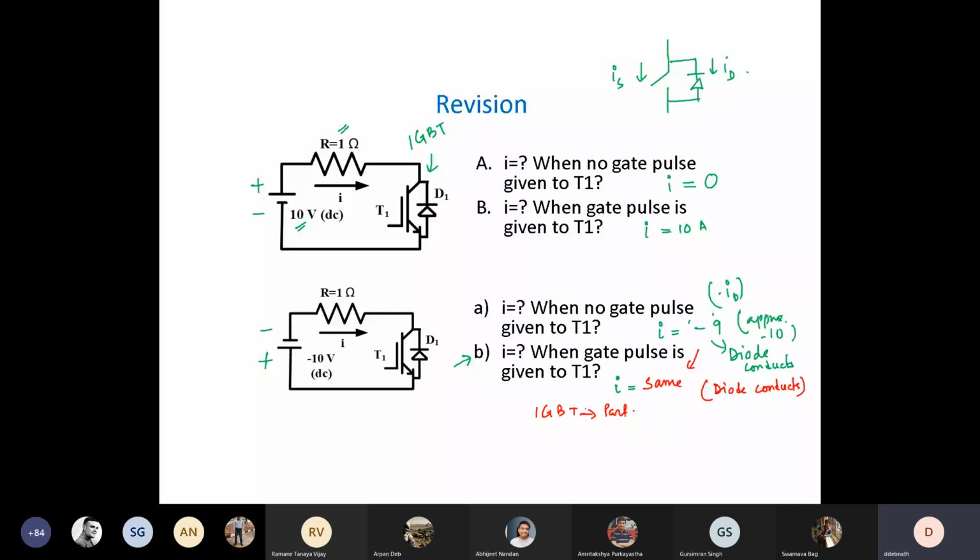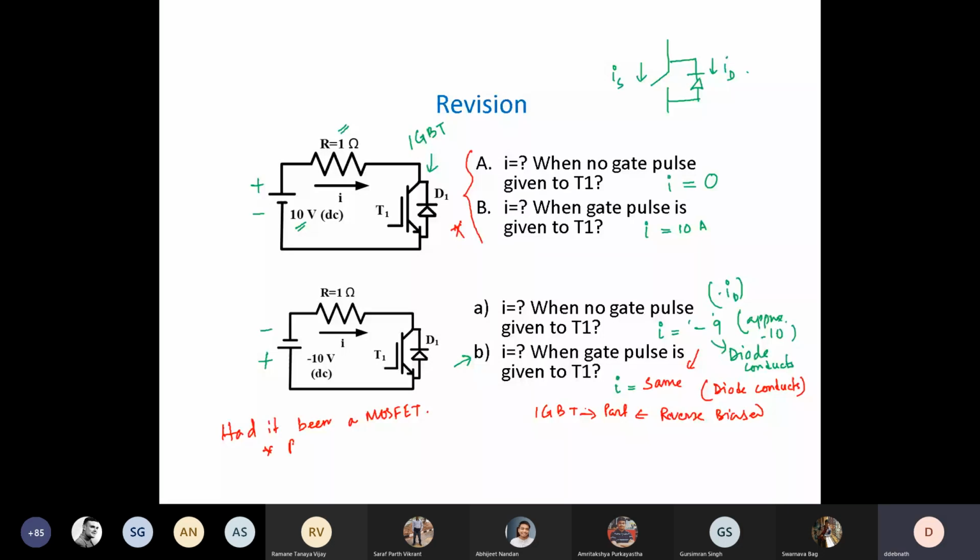Now, had it been a MOSFET, this would have remained the same. Let me call it 1 and let me call it 2.